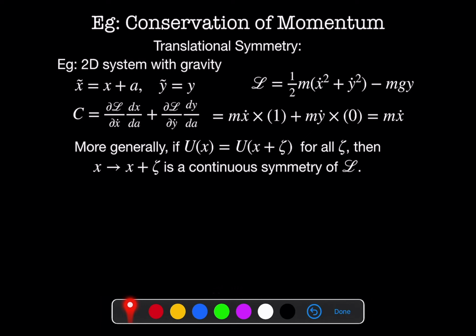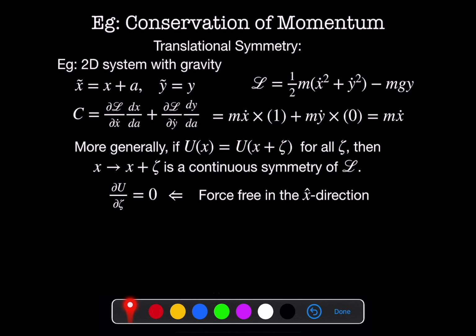That's a really powerful statement. More generally, if my potential energy is invariant as I change x to x plus ζ for all ζ, then we know that x going to x plus ζ is a continuous symmetry of the Lagrangian. That implies that ∂U/∂ζ is equal to 0, because obviously this does not depend on whether or not I have a ζ in it. So what does that tell us?